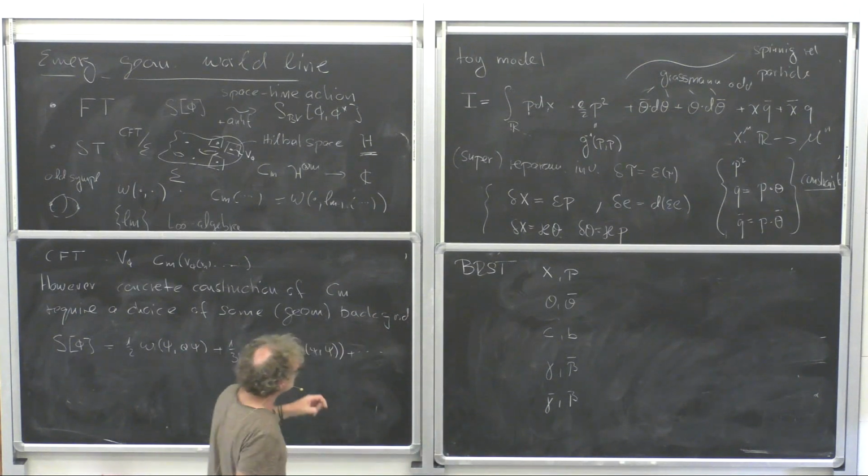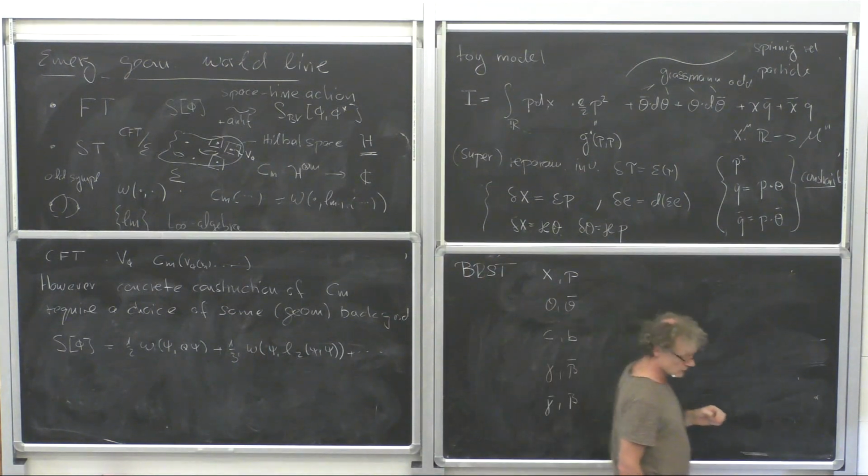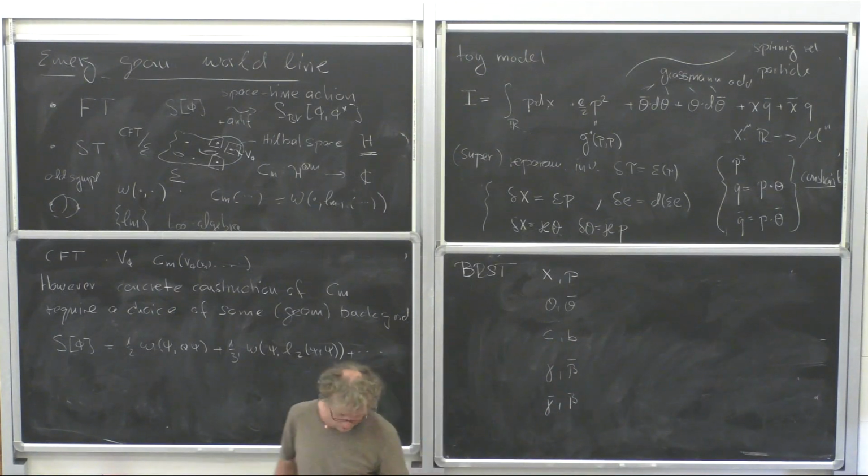Now we want the constraints to close. The closure of the constraints will mean that we can define a BRST operator which squares to 0.